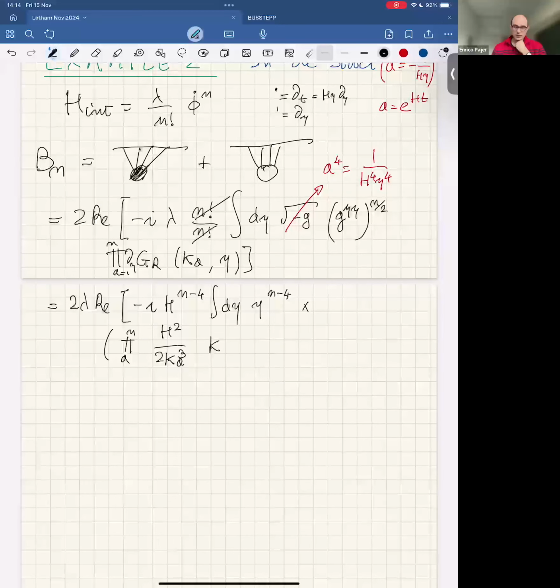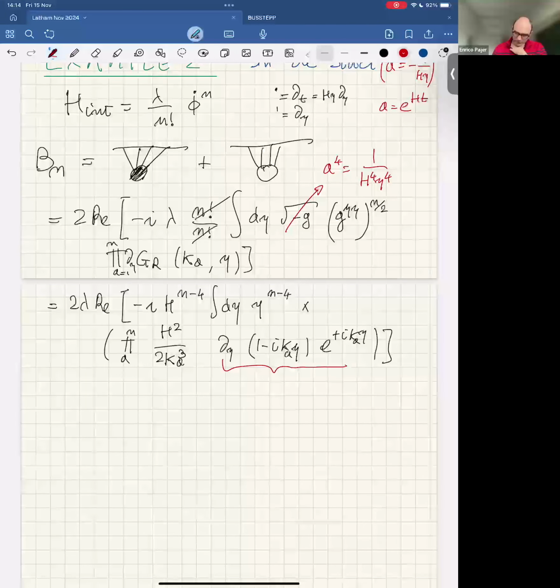And then I have to take the derivative of the mode function. So I have to do the d/dη of (1 minus ikη) e to the plus ikη. I have to do that derivative. This derivative is simply k squared η e to the ikη.